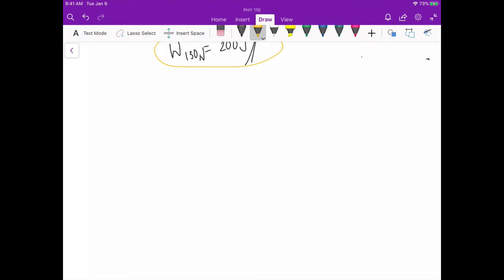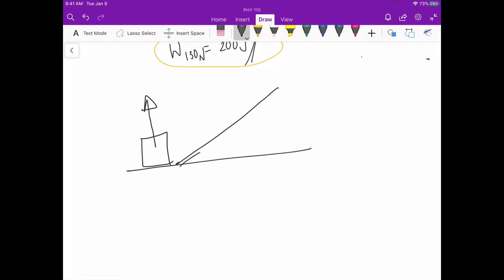For instance, what if you lift up an object from the floor and put it on the top of a shelf that is 2 meters from the ground?